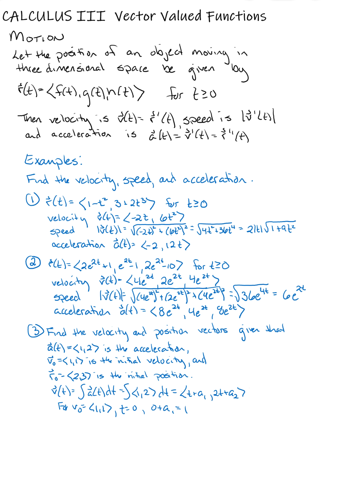And then for the second component, t is 0, so we get 2 times 0 plus a2 is equal to 1. And from both of those, a1 is 1 and a2 is also 1.